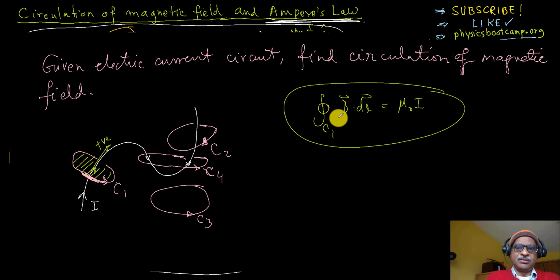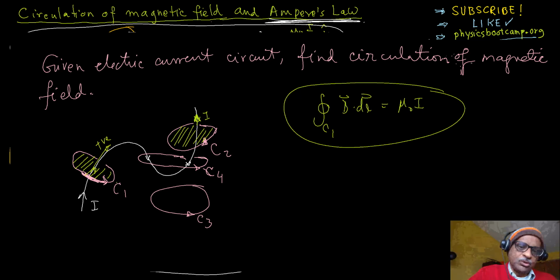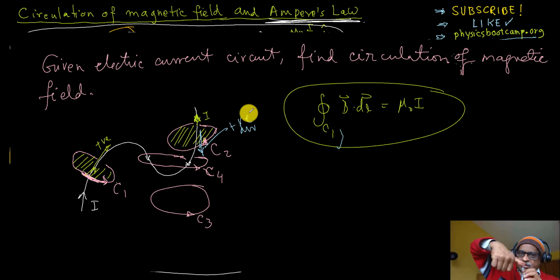So that's for C1. If you look at C2, the current is going this way, but if I look at the direction, if I use the right hand rule, this is the positive direction of the loop. The oriented loop has a positive and negative direction set.